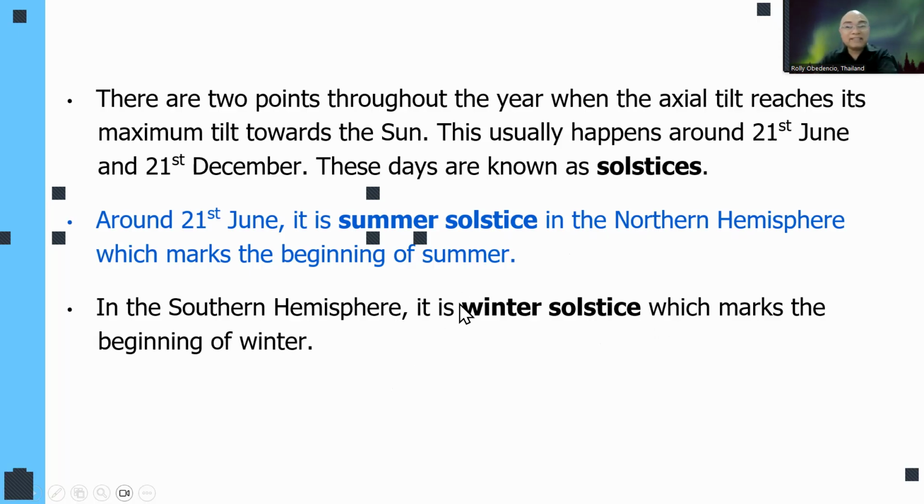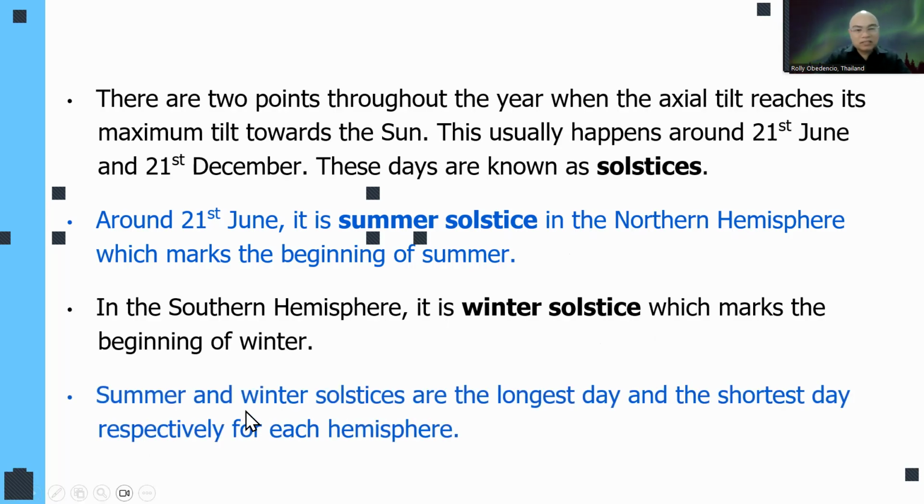When is that again? It is on the 21st of December. Now, summer and winter solstices are the longest day and the shortest day, respectively, for each hemisphere. In other words, during 21st of June, that is the longest day. And during the 21st of December, that is the shortest day.